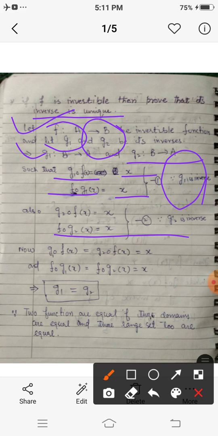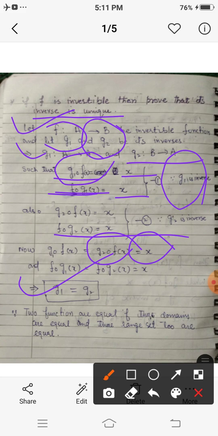Now from these equations, g1 of f = g2 of f = identity function, and f of g1 of x = f of g2 of x = x. From this we conclude that the domain as well as the range of g1 and g2 are the same. Hence they compose over a particular function. We can say that g1 = g2, these two are actually the same function.